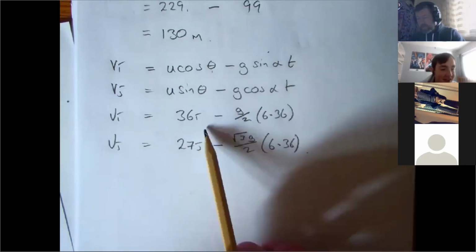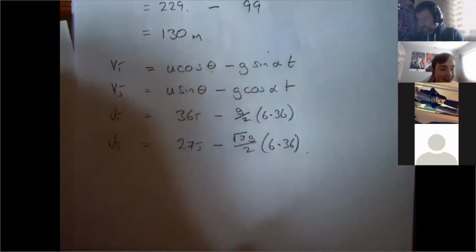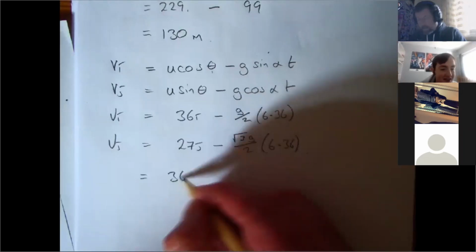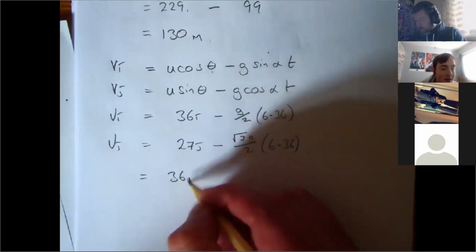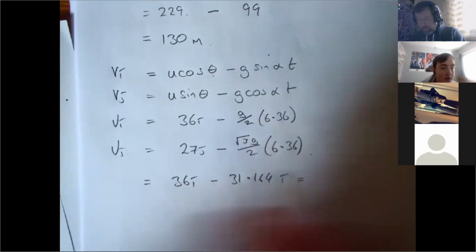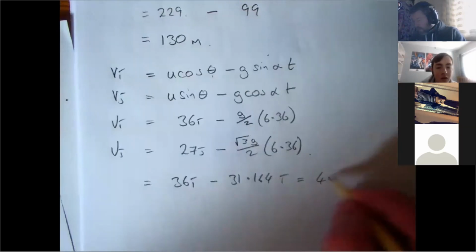36i minus 4.9 times 6.36 is 36i minus 31.164i, plus 36, which is 4.8i.